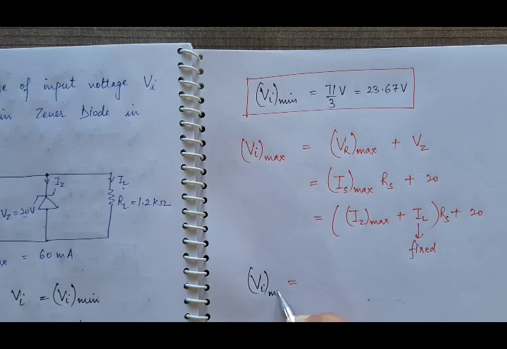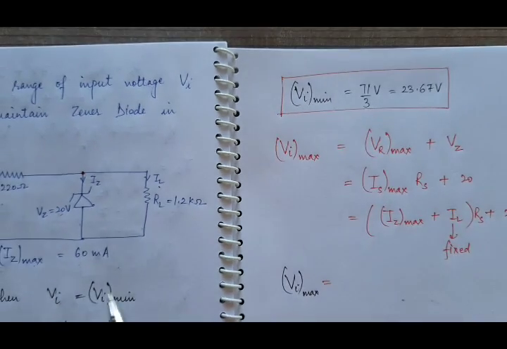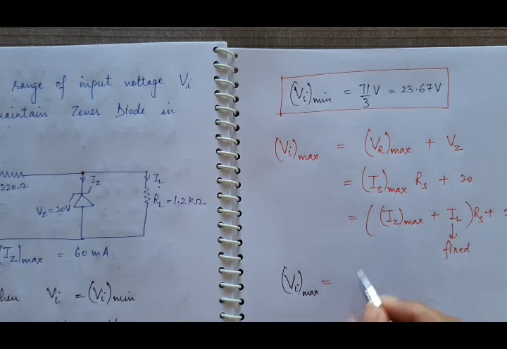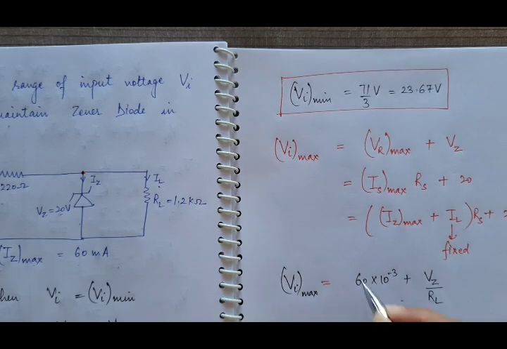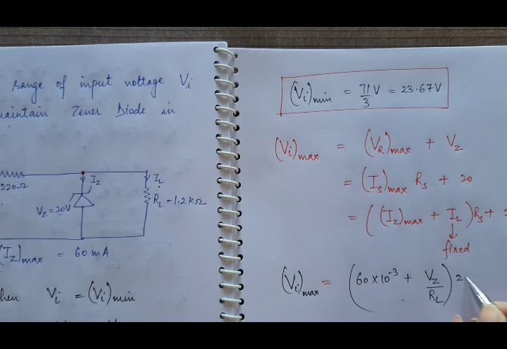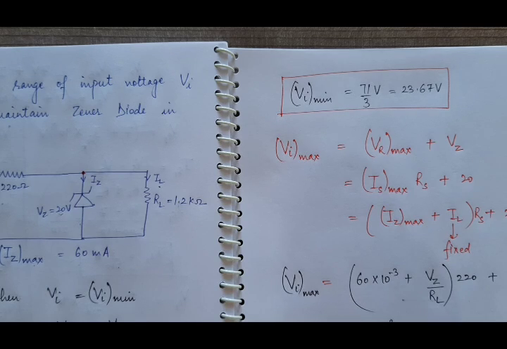So Vi maximum is equal to Iz maximum, which is given as 60 milliampere. So here put 60 milli plus IL, which is Vz upon RL, into Rs, which is 220, plus 20. So this is 60 into 10 raised to power minus 3 plus Vz, which is 20, upon this RL, which is 1200.